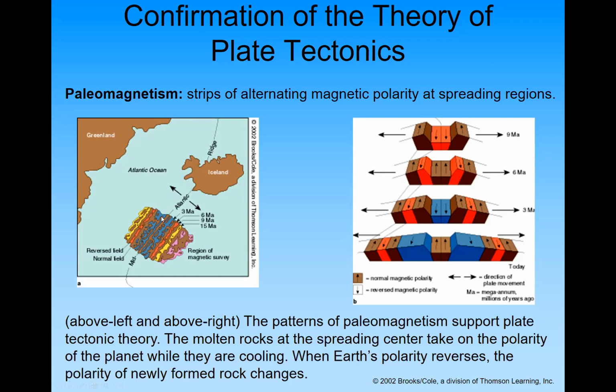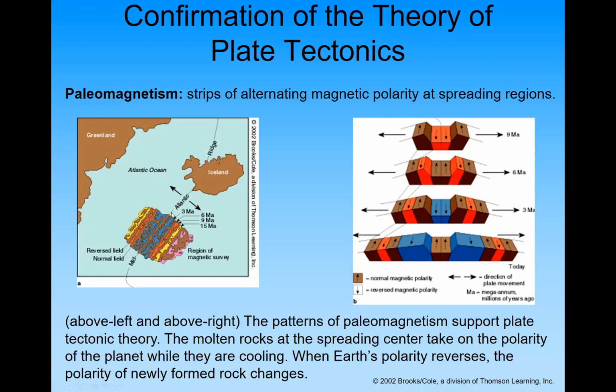So by collecting samples and by measuring the orientation of the minerals in those samples, we can see which way was magnetic north when the rock was formed. And so this key piece of evidence showed that there was an alternation. And this alternation corresponded to what was known about changes in the Earth's dipole.